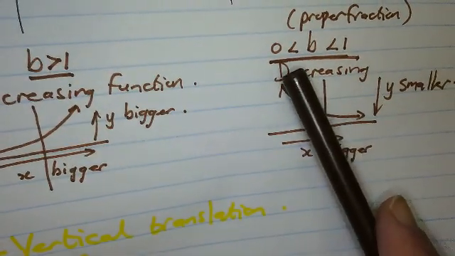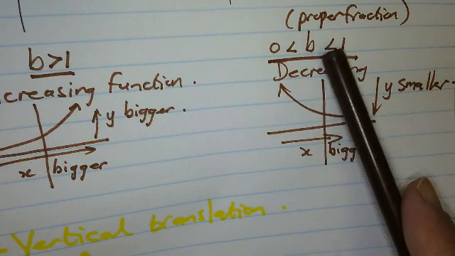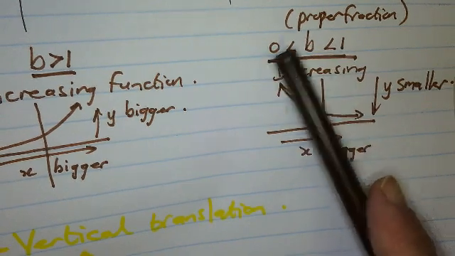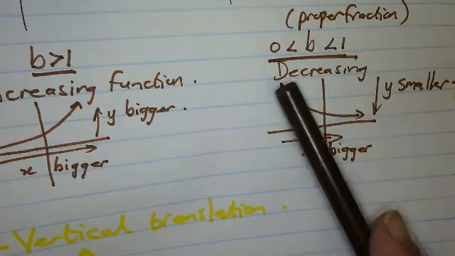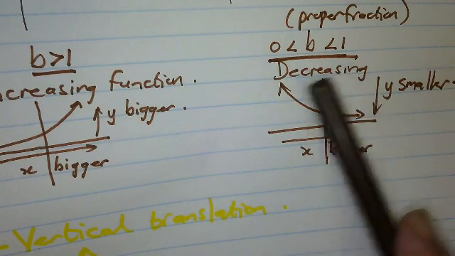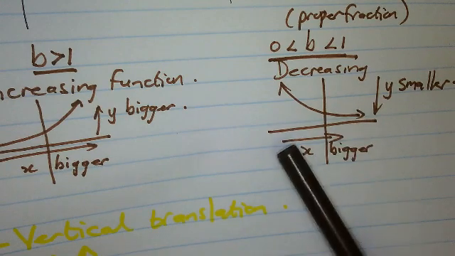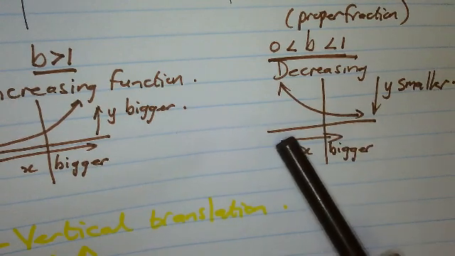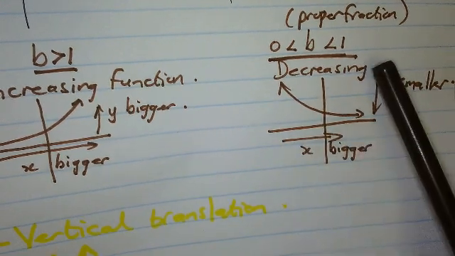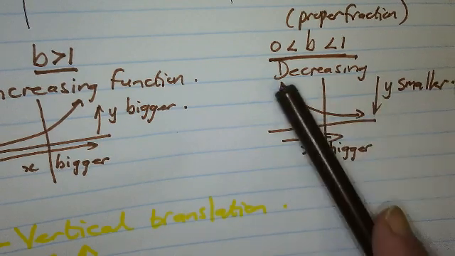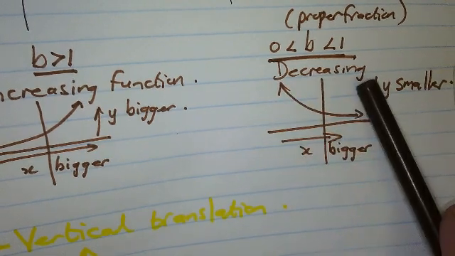If your b, the base value, it's less than 1, greater than 0, that means a proper fraction. It will be a decreasing function. It means it's starting from the top values and it's going down. So what will happen decreasing? If the x is getting bigger, the y value is getting smaller. That's decreasing function.